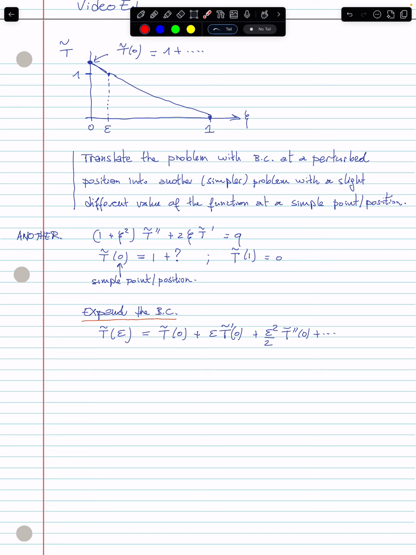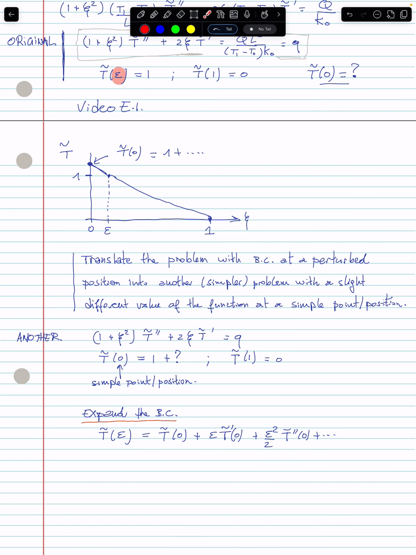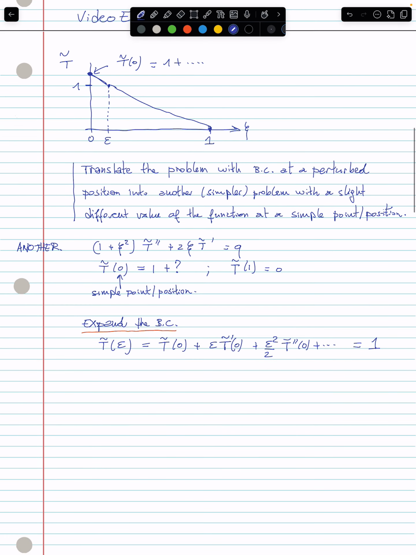All right, and so this boundary condition here is going to be replaced by that boundary condition here. And so once we have done this, then only we can use an ansatz. So first you expand the boundary condition, and then as usual, you use a regular ansatz.